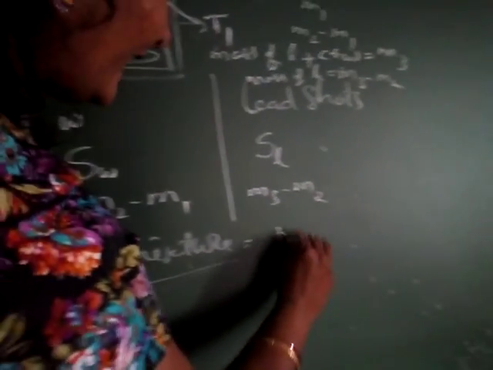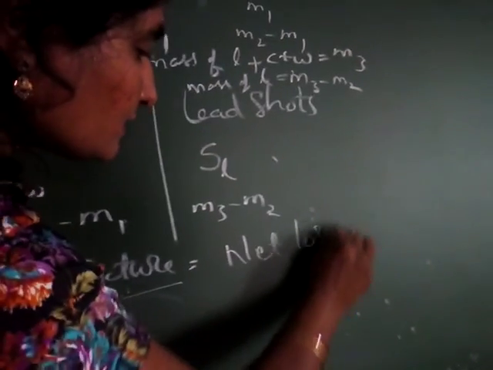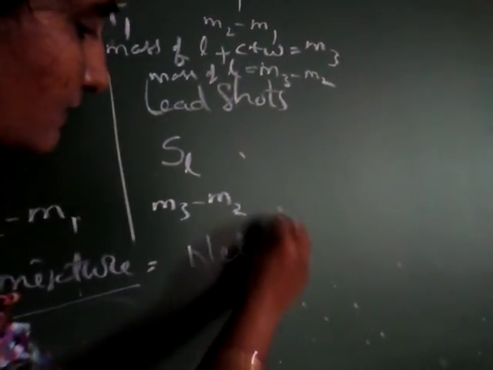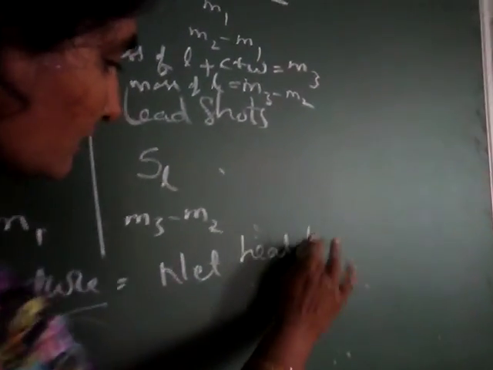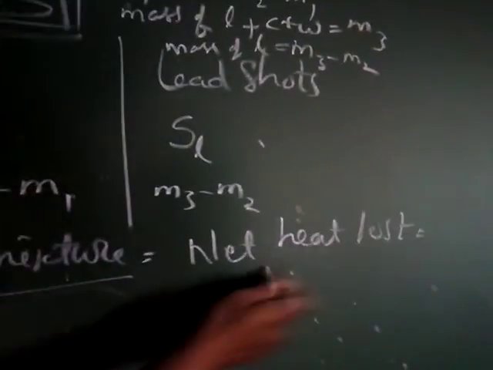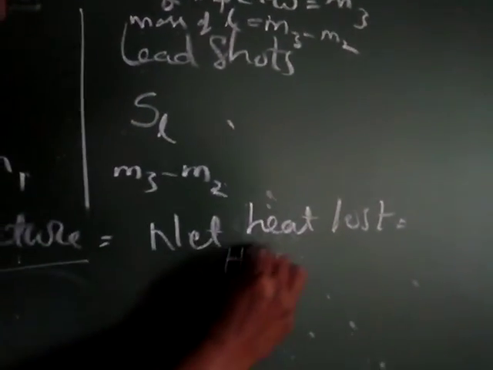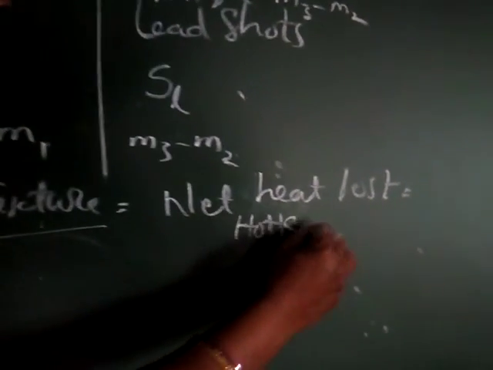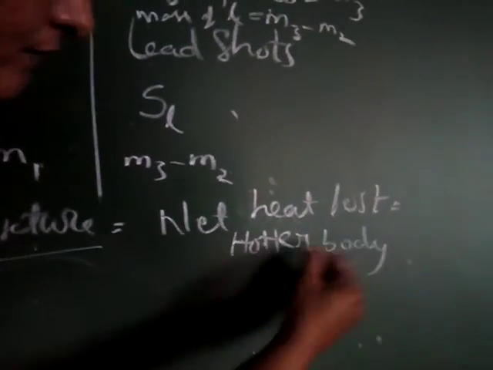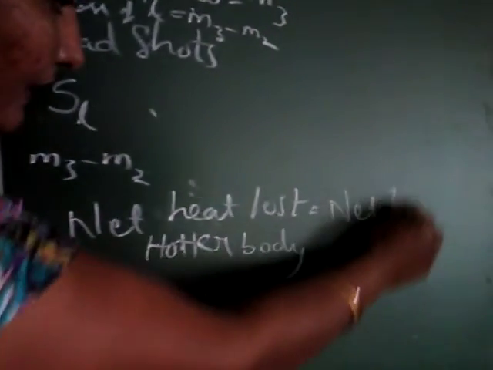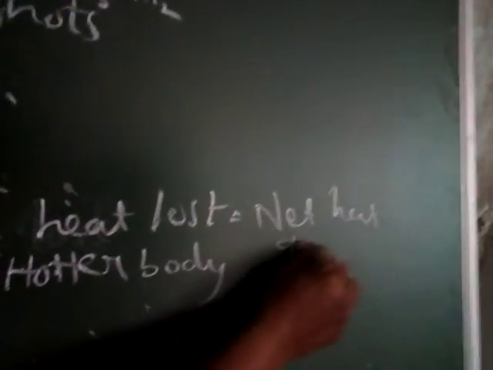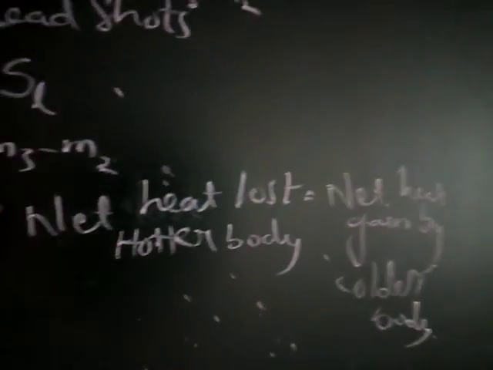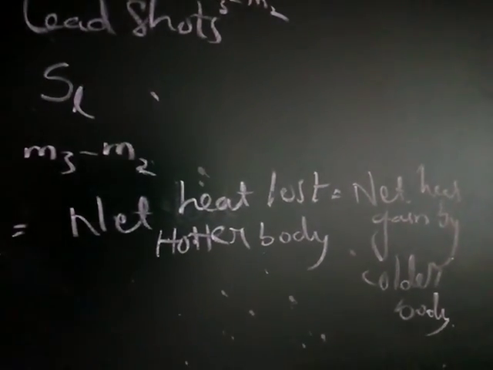Here, the net heat lost by the hotter body equals the net heat gain by the colder body. Okay, do you understand? Net heat loss equals net heat gain. Okay, this is the principle of method of mixtures.